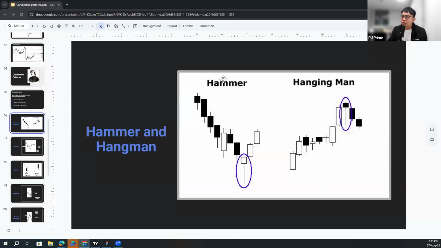Okay, and what are the hammer and hanging man? You can see something like this. A very tiny body with a very long tail. A hammer and a hanging man depend on where it happens. If this is a long downtrend and suddenly you see this hammer candlestick here, it means that it did push the price to the lowest level. I'm trying to explain what this single candlestick tells us.